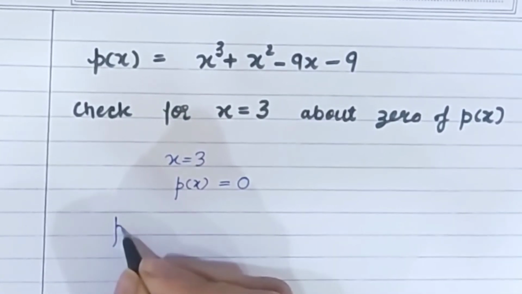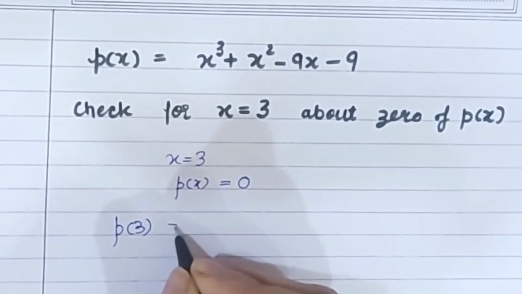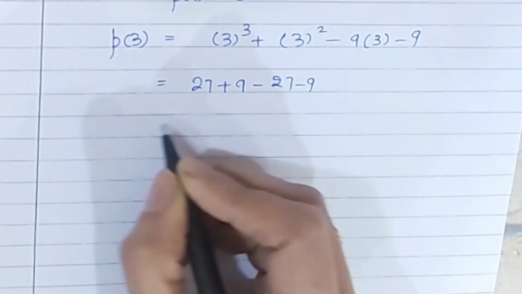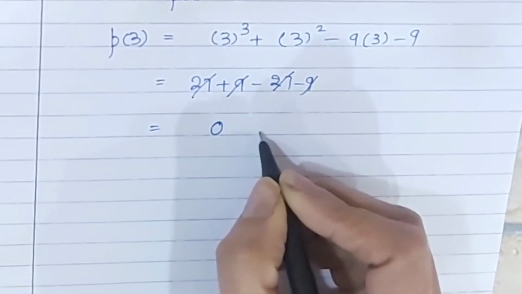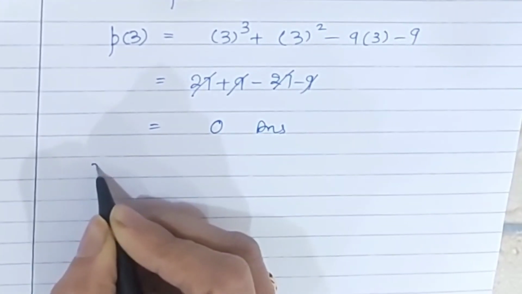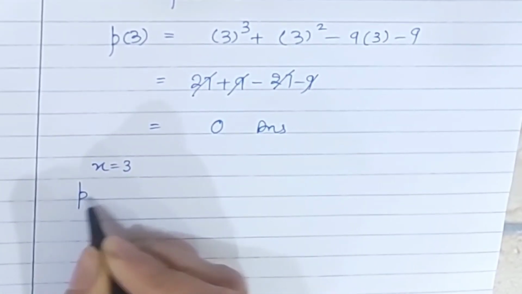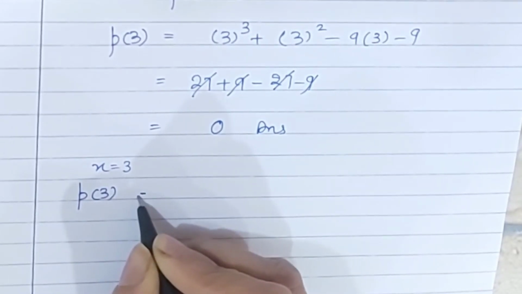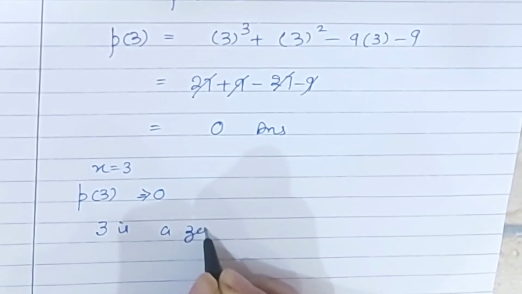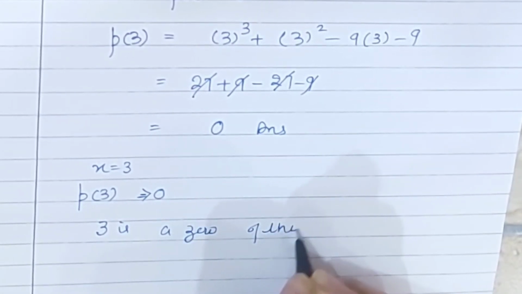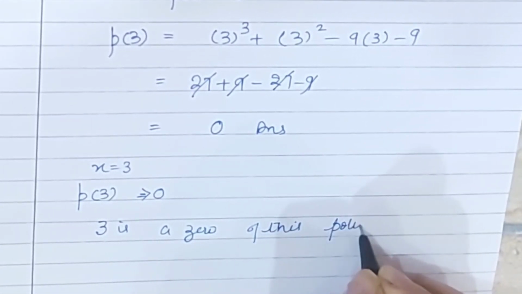We'll find out by putting the value of the variable in this polynomial, 27 minus 27. So this 27 will cancel with this, and we'll get 0. So what we can say is, for the value of x is equal to 3, the polynomial has the value 0. That means 3 is a zero of this polynomial p(x).